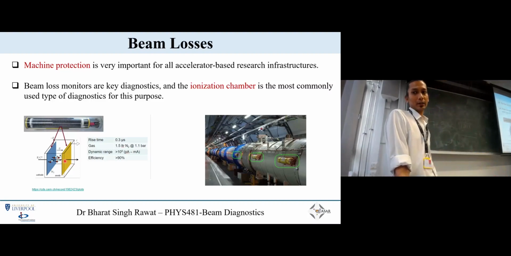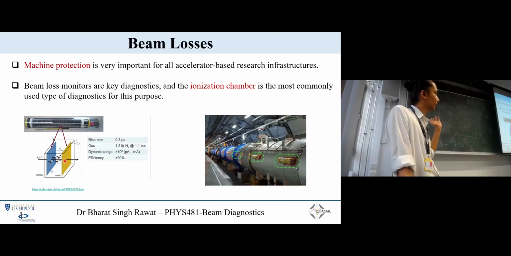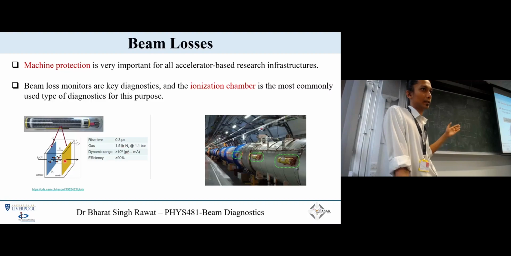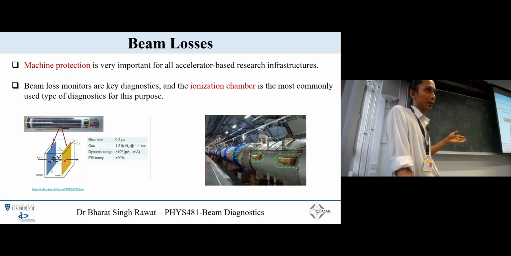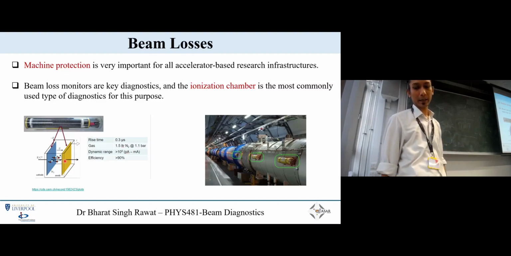These are called pressurized loss monitors, but the same principle is used in smoke detectors, which we have in buildings. Smoke detectors have a similar principle. They continuously emit alpha radiation. When it encounters smoke in between, it changes the current because of the attenuation. So the working principle is the same, but with different applications.